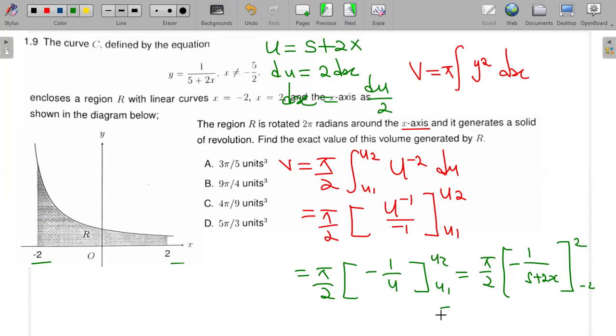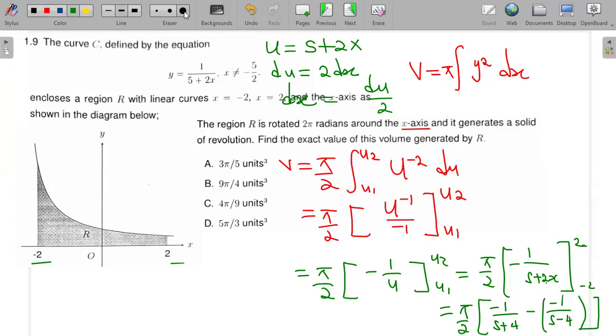substitute them. So I have pi over 2 and then minus 1 over 5 plus, so this here will be 2 multiplied by this 2. So that will be 4. And then I say minus, minus 1 over 5, and then here it will be 2 multiplied by this minus 2 when I substitute. So it will be minus 4 like this.